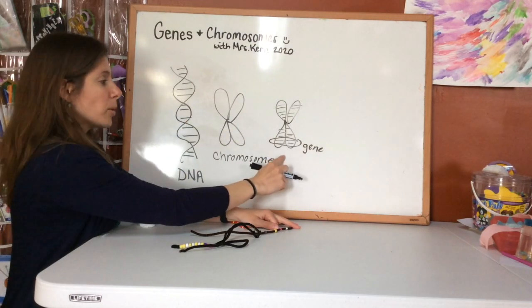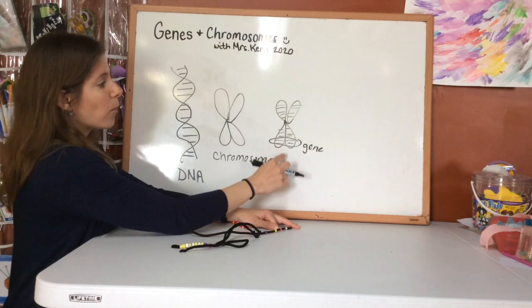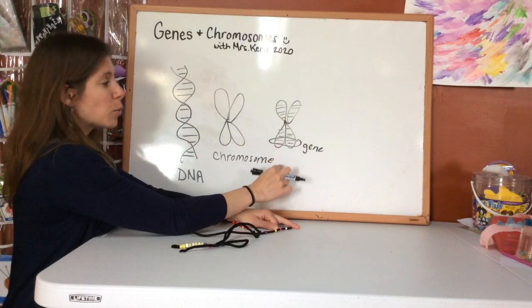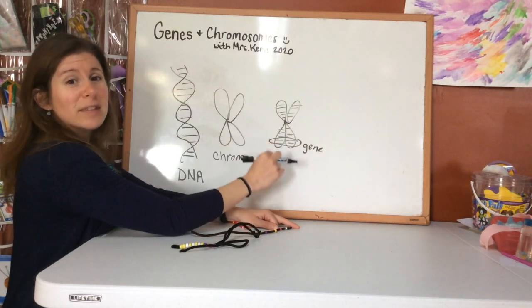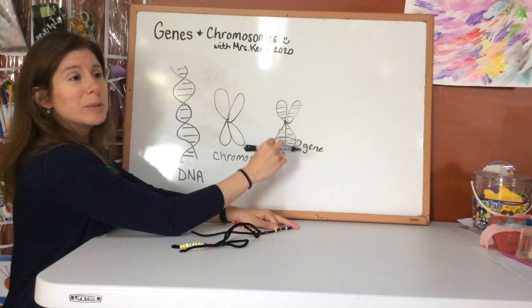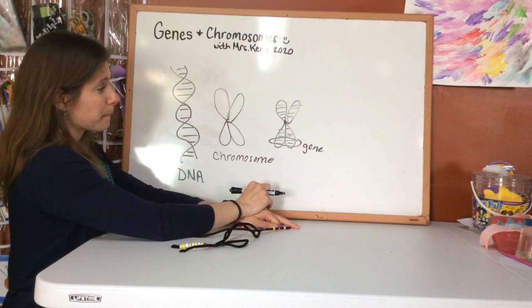The Human Genome Project's goal was to map out all the genes in the human body and figure out what they are coded for. They discovered there were anywhere from 20,000 to 50,000 genes on the human genome, the human genome being a complete set of DNA from a person.